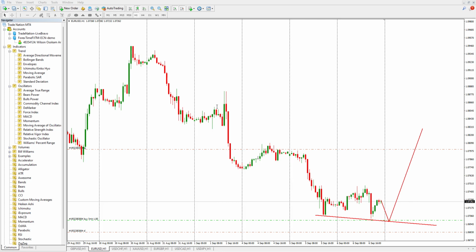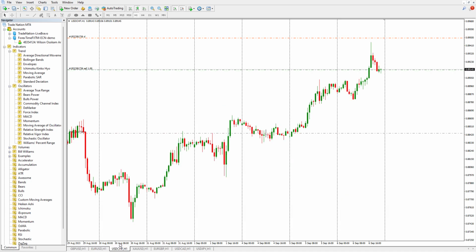No, you don't have to take profits in a trade all at once. What you do most of the time is use one of two ways. You can take a very large position size, let's say one lot. You have a particular take profit you want, like when we are selling USD CHF.